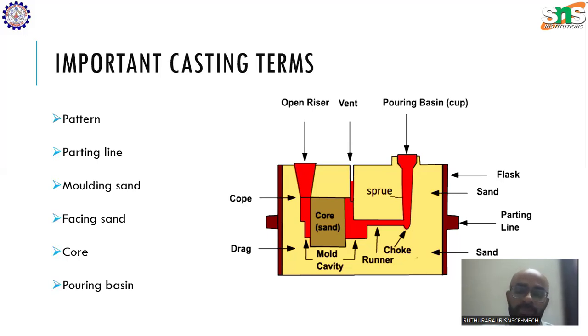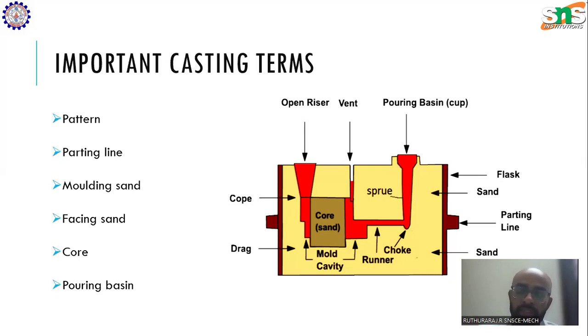Another purpose of this riser is to provide excess metal during solidification. When liquid is converted into solid, its volume gets reduced because the molecules are binding together. Its volume shrinks.